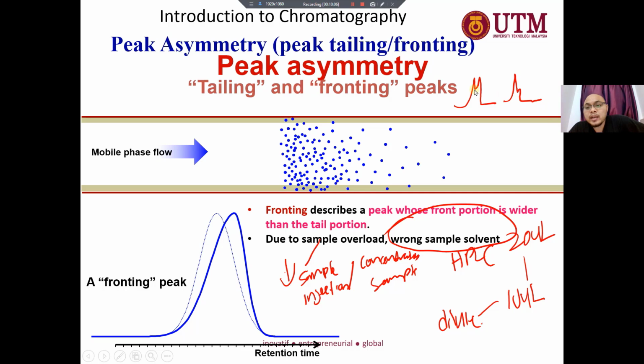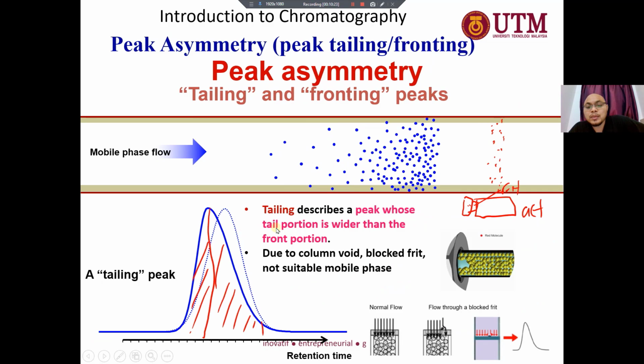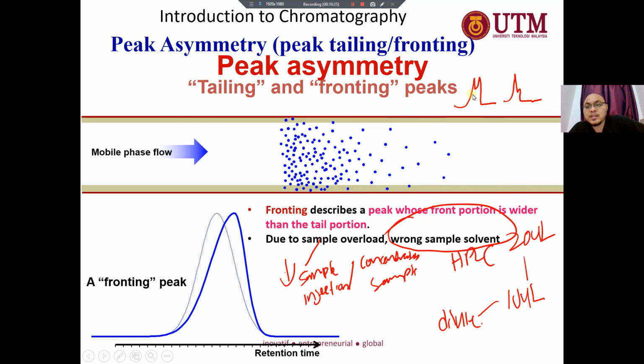Okay, if you have encountered a split peak that you believe comes from the same sample, or a bouldering peak, it's usually due to the wrong sample solvent. It's not about sample overload, or what we call the column void.